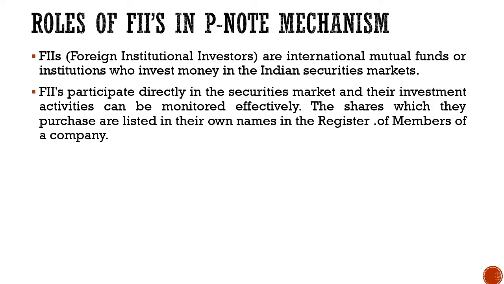The shares they purchase are listed in their own names in the register of members of a company. So the foreign investor's details are not included. There's no need of mentioning the foreign investor's details.